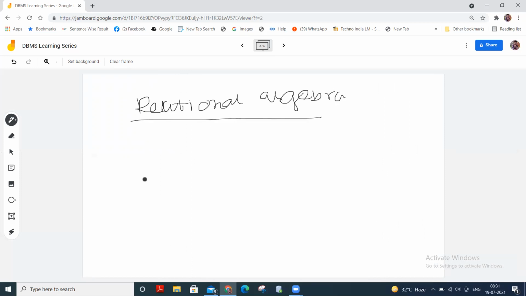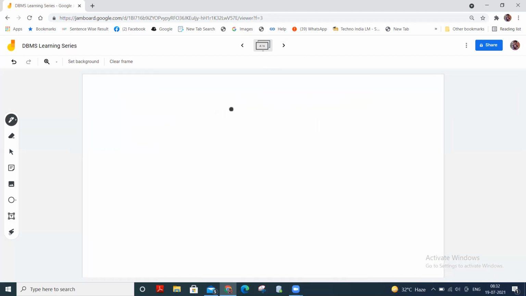Relational algebra is a procedural query language, and it consists of a set of operations that take one or two relations as input and produce a new relation as output. So what are the operators or operations? We can divide them in this way.